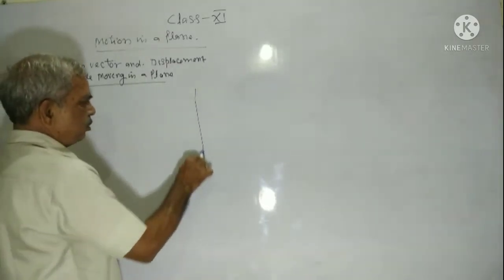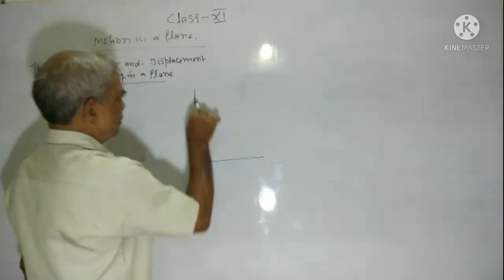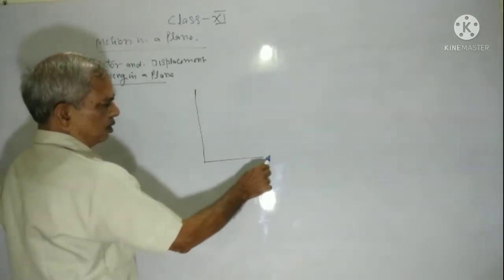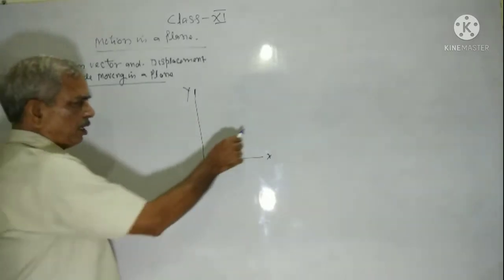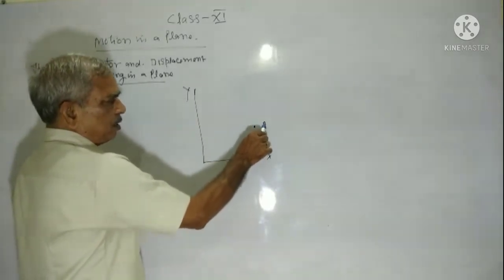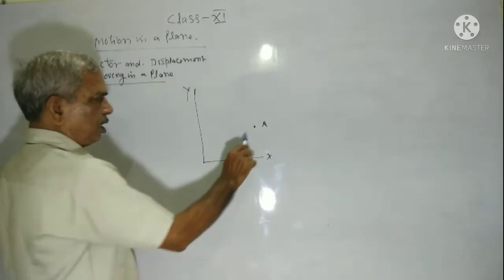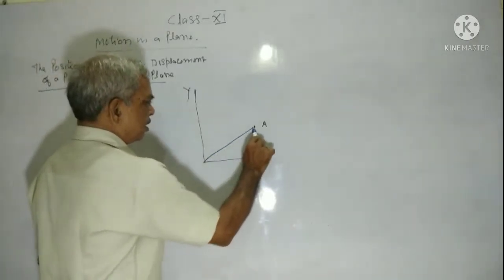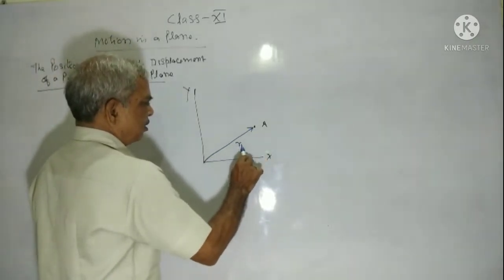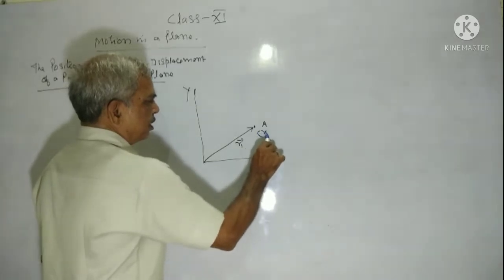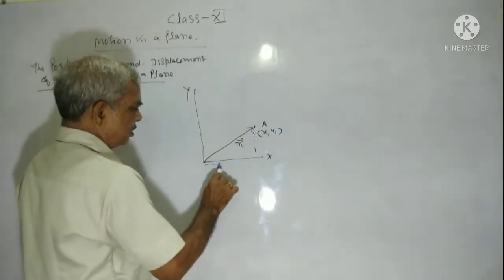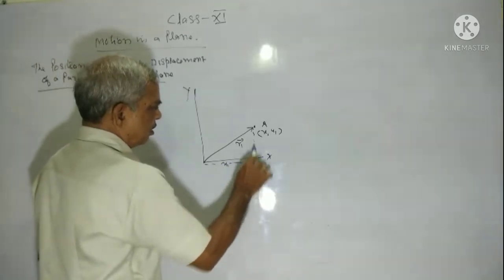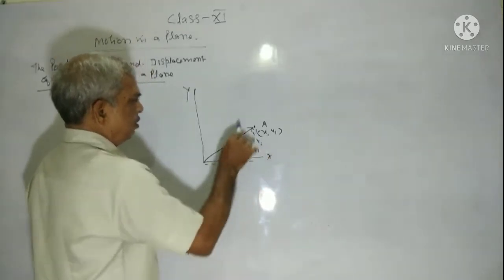Like a particle is moving in the xy plane. At any time t, it is at point A, having position vector r1 and coordinates x1, y1. This is x1 and this is y1.